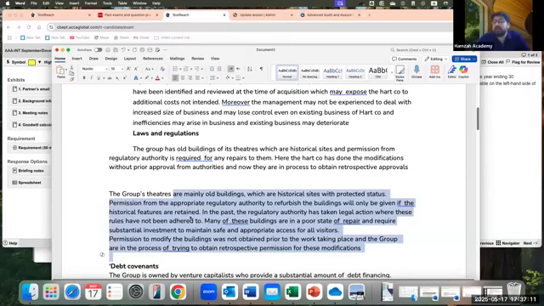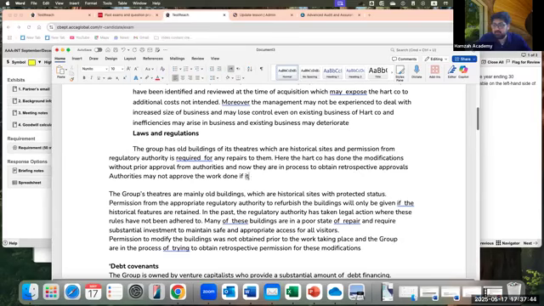Now, how is it a business risk, what negative consequences may occur. Authorities may not approve the work done if it is not as per their standards and rules.